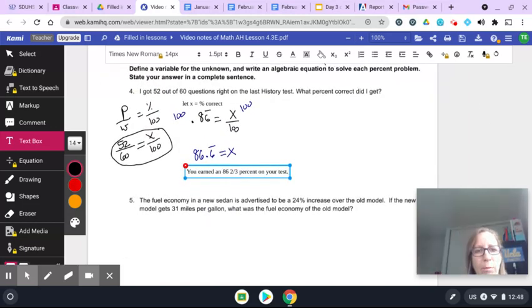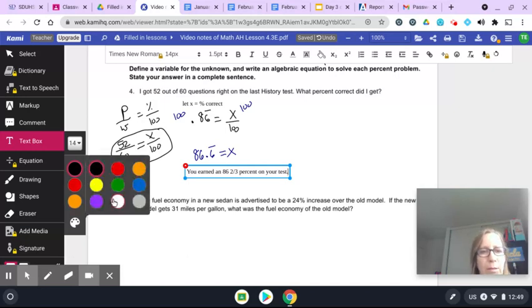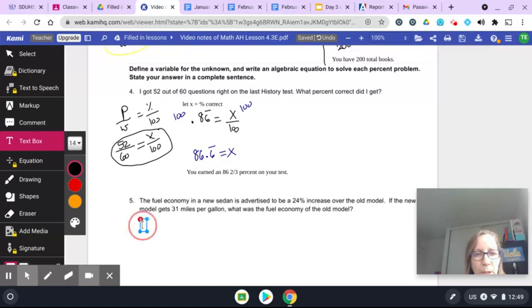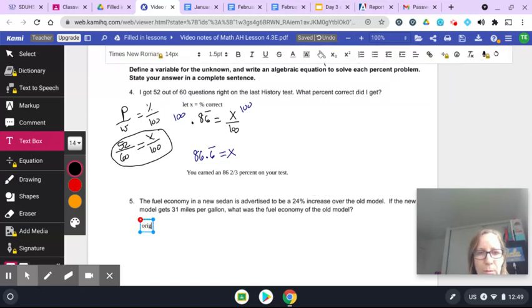All right. Number 4, the fuel economy of a new sedan is advertised at a 24% increase over the old model. If the new model gets 31 miles per gallon, what is the fuel economy of the old model? Okay, so I have to think about my startup here. I have to do my original plus the percent of my original is equal to my new.